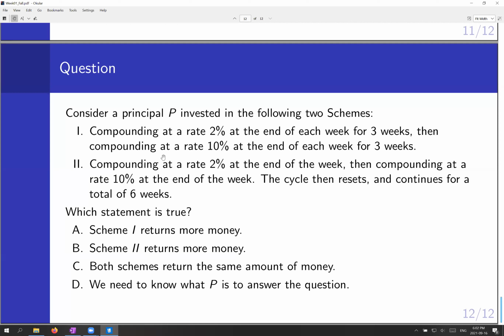The thing that I think, well, it's not just that they're worded differently. They're fundamentally different schemes, right, Michael? In the first scheme, you do 2%, 2%, 2%, and then you do 10%, 10%, 10%. And in the second scheme, you do 2 and then 10, and then 2 and then 10, and then 2 and then 10. And what this says to you, this is a cool thing, is that if you trust the math, it doesn't matter the order that you compound.